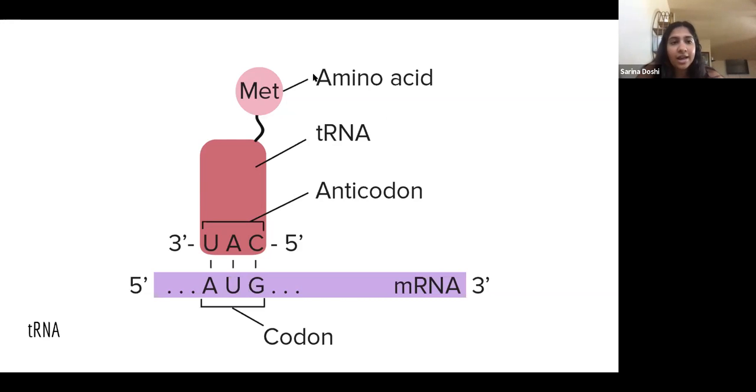At the other end of the tRNA will be an anticodon. The anticodon matches parts of the mRNA. I know this is really confusing, but we'll get into it a little bit more. Something important to mention is that instead of T, you now have U. U is uracil, and we mentioned that adenine binds to thymine in DNA. However, in RNA, adenine binds to uracil.